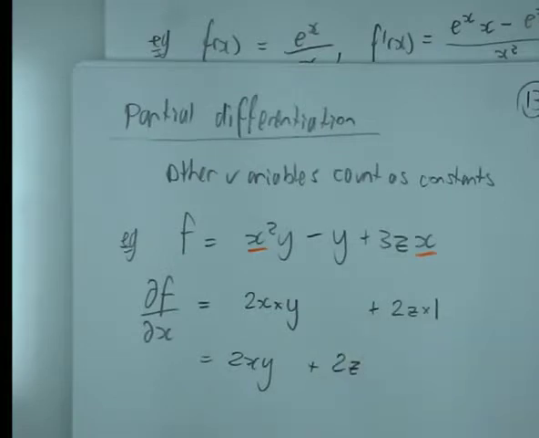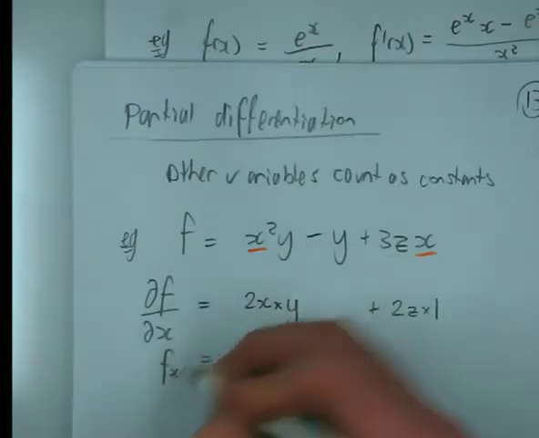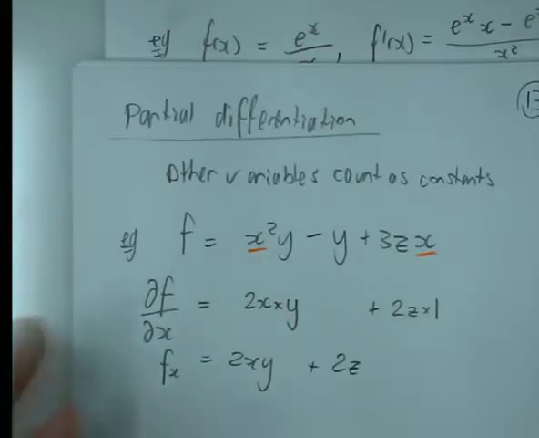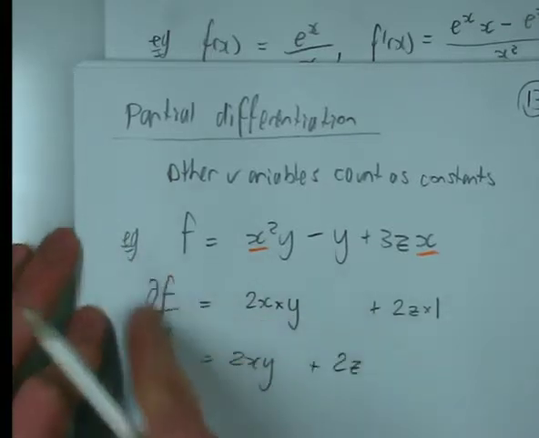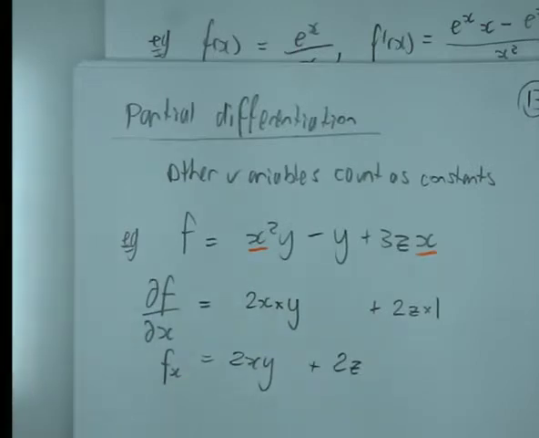Note that this is also known as f sub x, right? I've got another choice as to what to call it. I could call it either df on dx or f with a little x at the bottom. They mean the same thing. Okay.